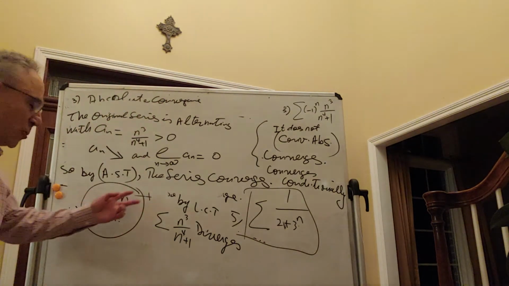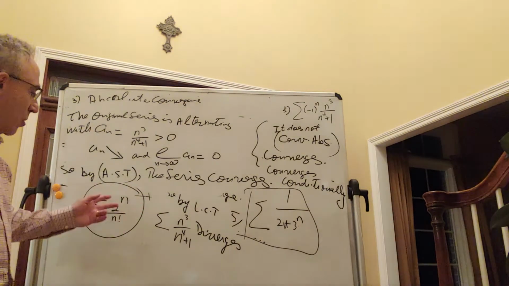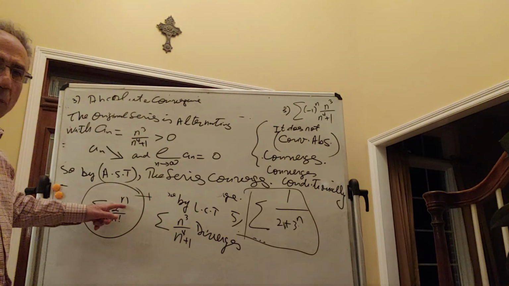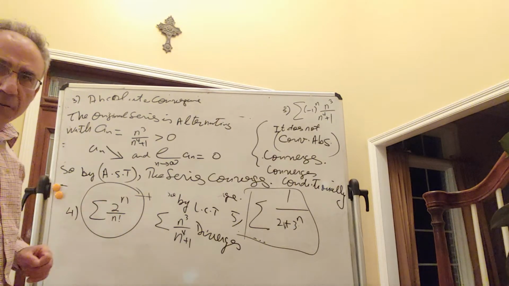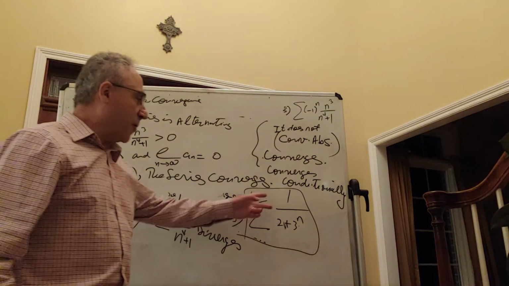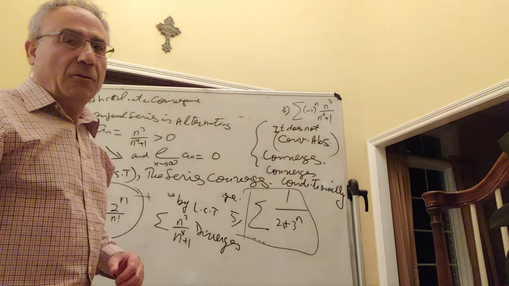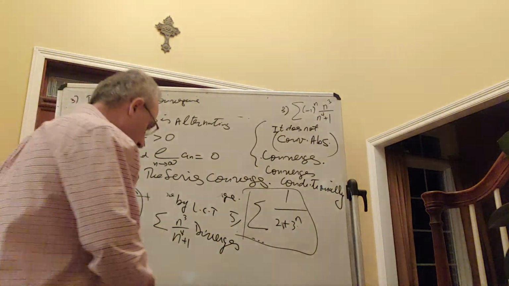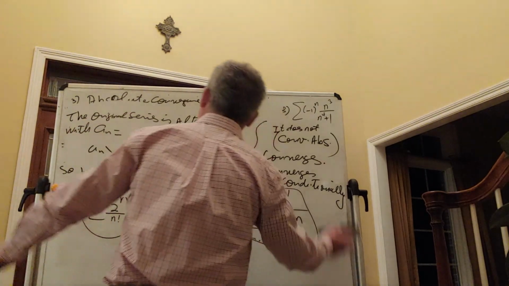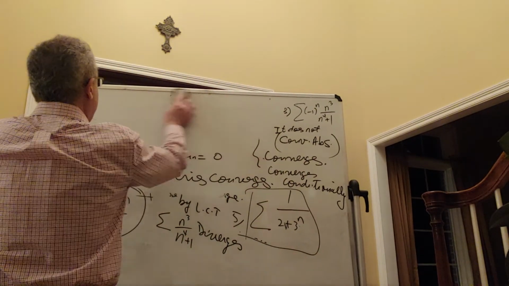Here there is no absolute convergence, it's only convergence. I believe for this one you will use the ratio test. And for this one, it's very easy. Try the divergence test. So I'm going to keep them on the board.